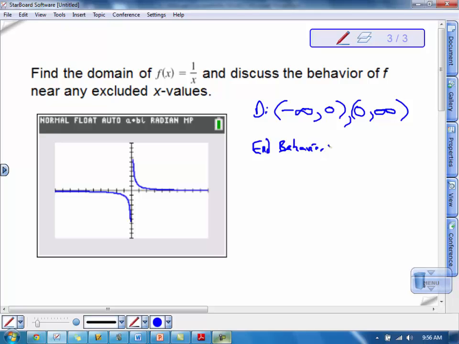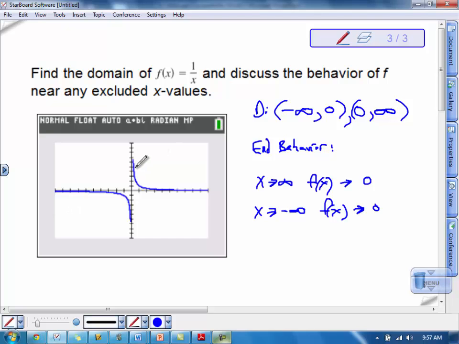End behavior of this function would be, as x goes to positive infinity, as x gets really big, the function value, or the y value, goes to 0. As x gets really small, as x goes to negative infinity, the y value also goes to 0. So there's some end behavior about what happens when we go way to the right and way to the left.